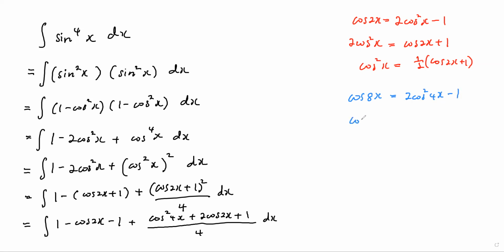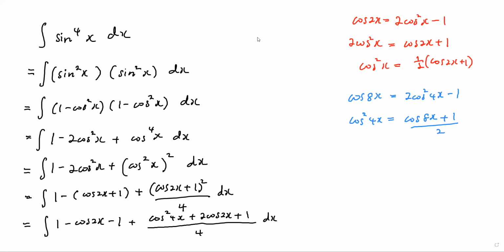So cosine square 4x is cosine 8x plus 1 divided by 2. This is what I'm going to replace here: cosine square 4x is replaced by cosine 8x plus 1 over 2.